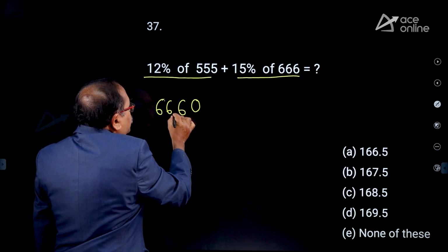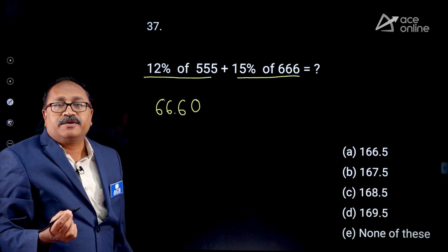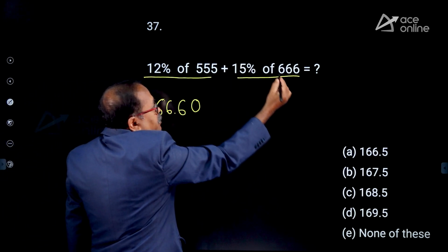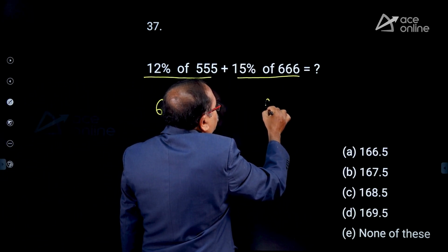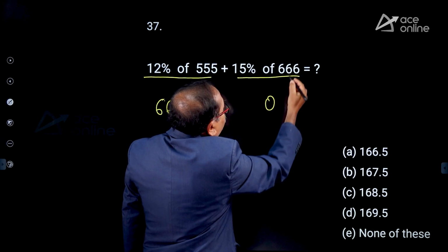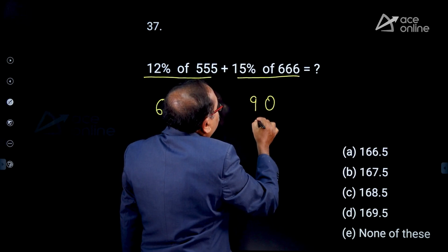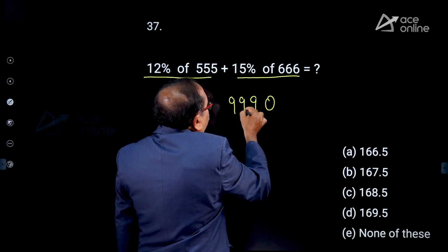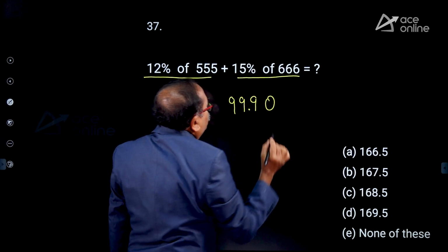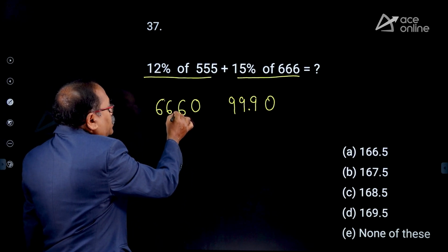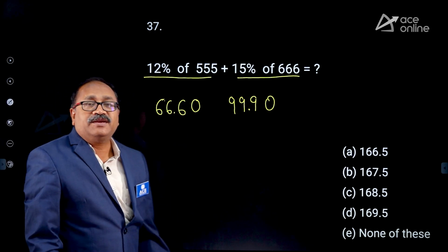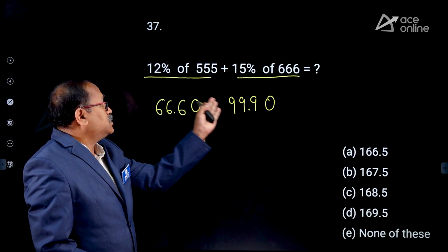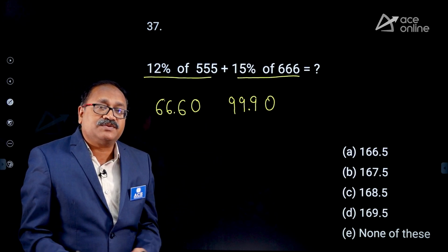And as percentage is there, the decimal will be over here. Coming to this part, 15 sixes are 90, carry 9, and 15 sixes are 90 plus 9 is 99, and again 90 plus 9 is 99. As percentage is there, the decimal will come over here. And simply the addition of these two parts is my answer.